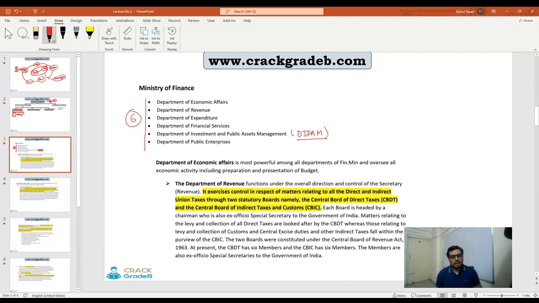So when the government starts selling, for example, if a company is wholly owned by the government of India, means 100% share is of the government of India. For example, that is ABC company, and the government has decided to sell 10%. So we will call it a disinvestment. So the government is going to sell the shares, right?